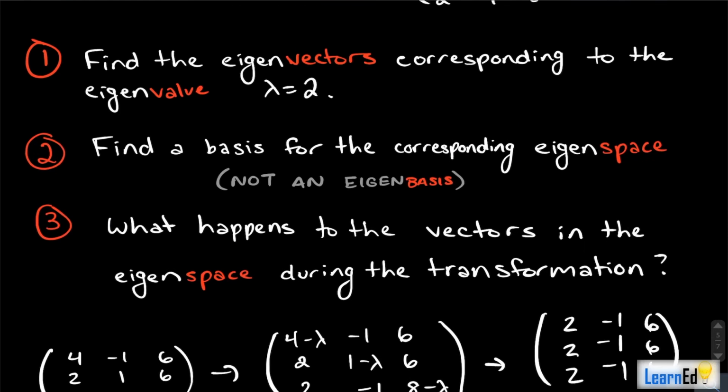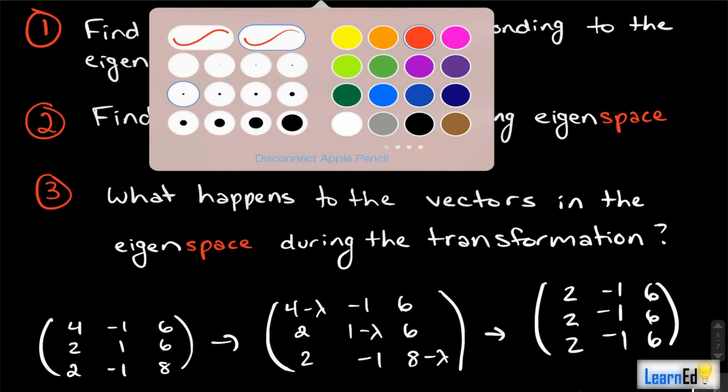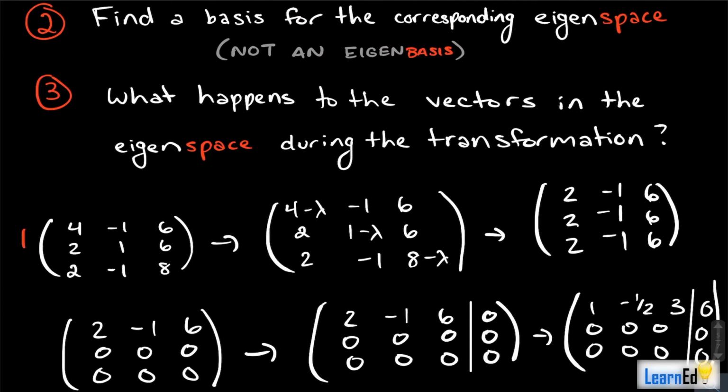Okay, and that was what number 1 was asking, but number 2 is asking to find a basis for the corresponding eigenspace. So what is an eigenspace? Well, basically it's the span of those eigenvectors.